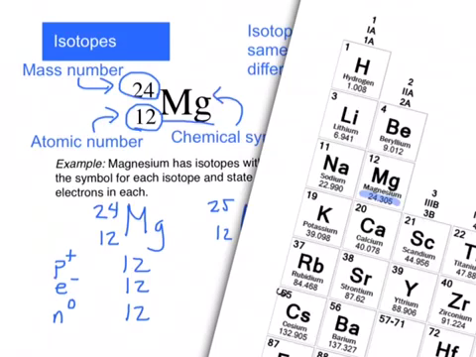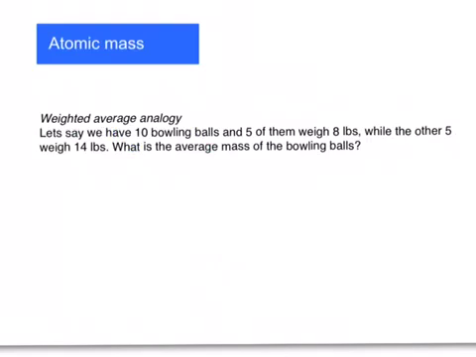And that is actually the average of all of the masses of magnesium atoms if you sort of threw them all together and added them all up and divided by how many you had. And so that is the concept we're going to talk about next, the atomic mass. The atomic mass is actually a weighted average of all of the masses of the isotopes of that particular element.